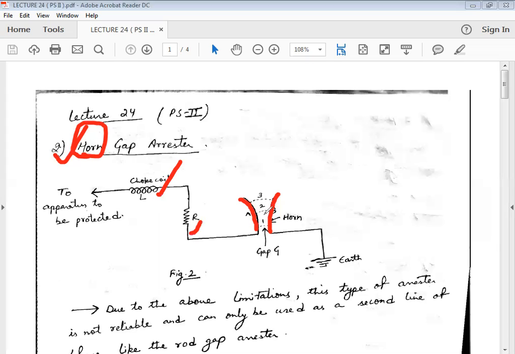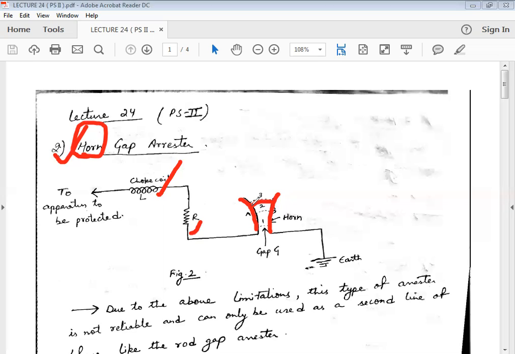So when the surge goes out, during the normal power supply frequencies, an arc is not developed between the two horns. If it develops between the two horns, it may not reach up to the third point, or it may be demolished at the first point only. The major disadvantage is that if there is a bridging between the two horns, it may cause serious short circuit conditions, and this arrester will fail.